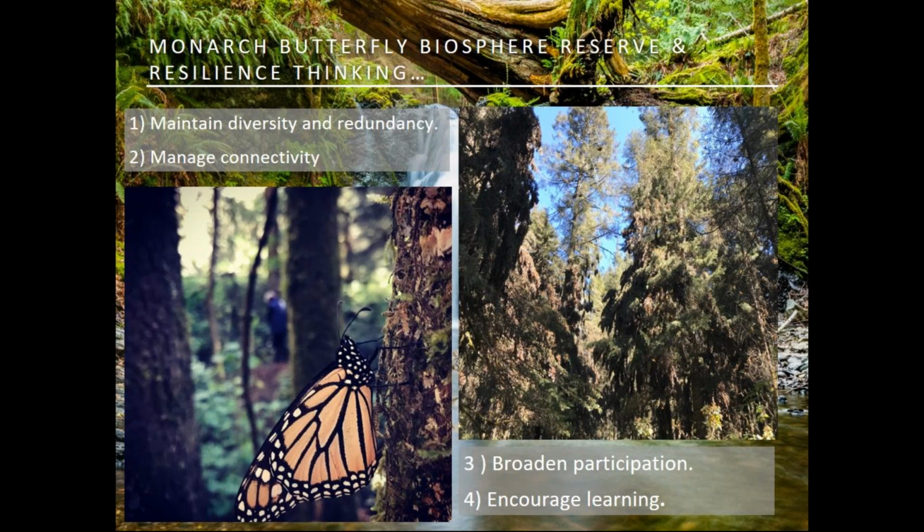So one of the policies has been to be redundant, to protect all the colonies and the potential sites where the next year the migration will come. So it's fundamental to incorporate redundancy as an element of resilience.